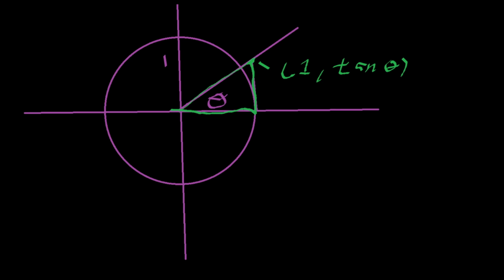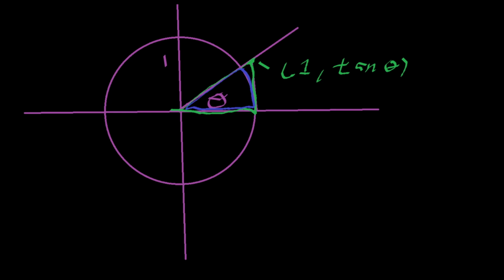And within this triangle, we have a circle sector. I can't draw very well, but I hope you get the point. We have a circle sector within it, goes over here.